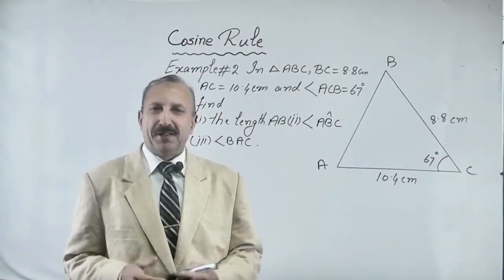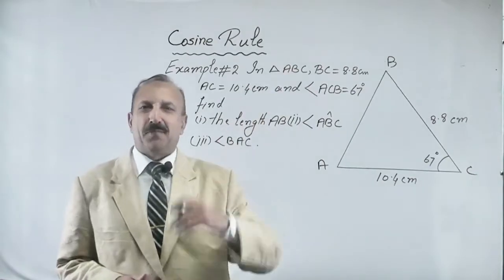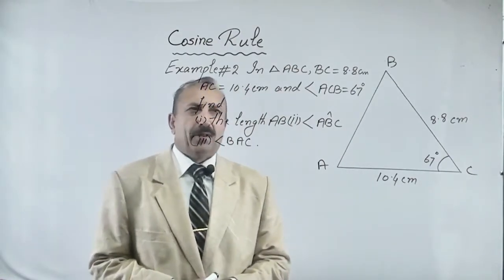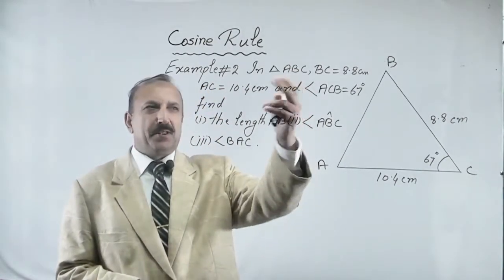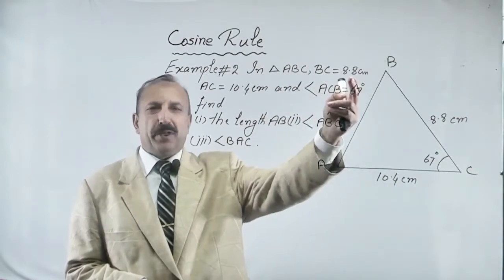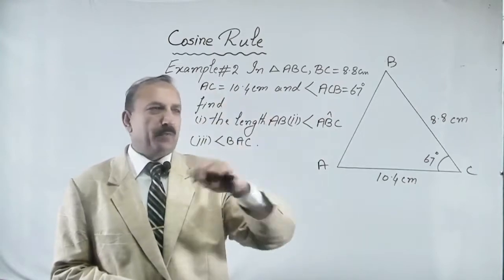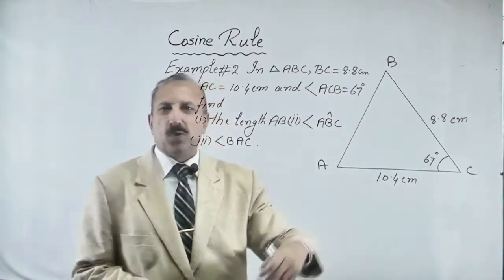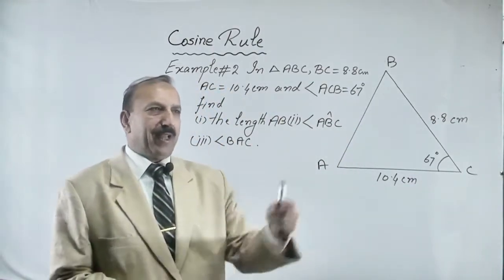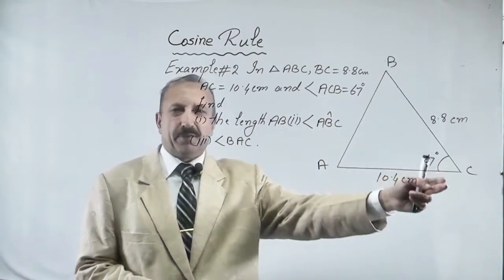Now, alright, my dear students, let's have example number 2. Here we have triangle ABC. BC is equal to 8.8, this side BC, and AC is equal to 10.4, this AC side, and one angle is given, ACB, this is 67 degrees.